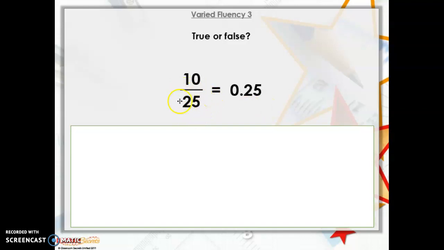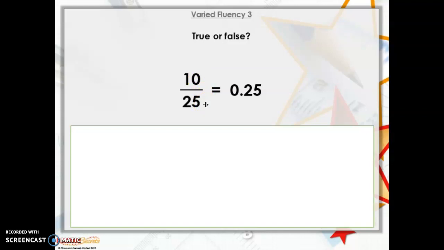How do we convert it to hundredths? We times it by 4 because 25 times 4 equals 100. Then we do the same to the top. 10 times 4 is 40. So 10 over 25 is equal to 40 over 100.